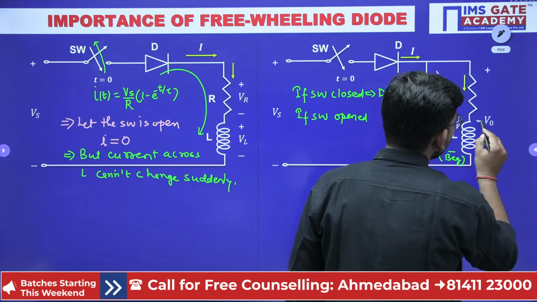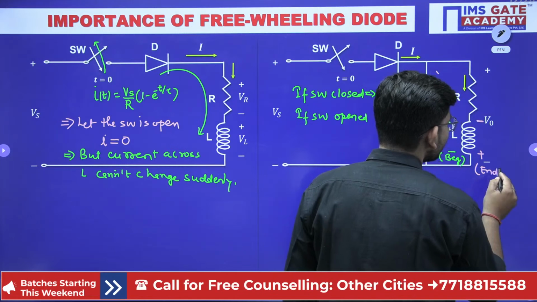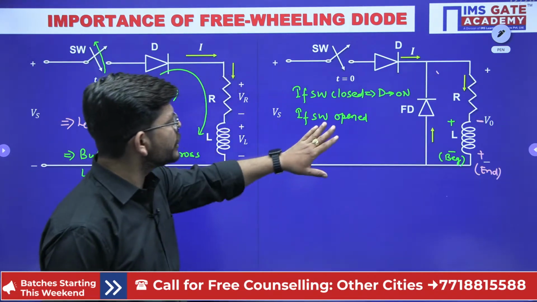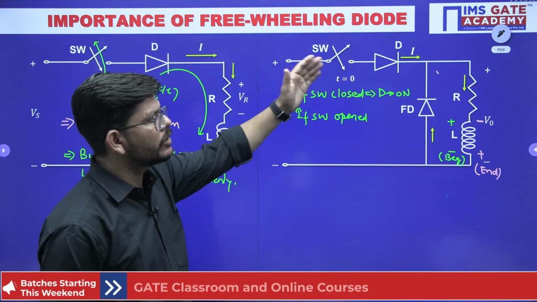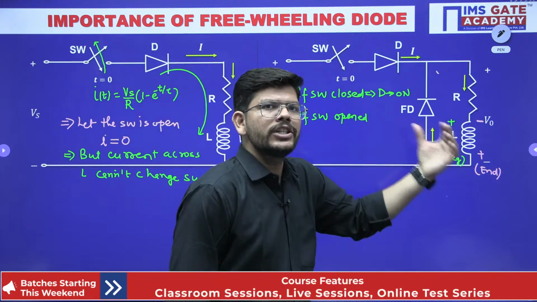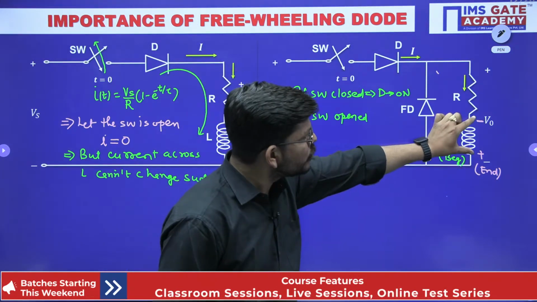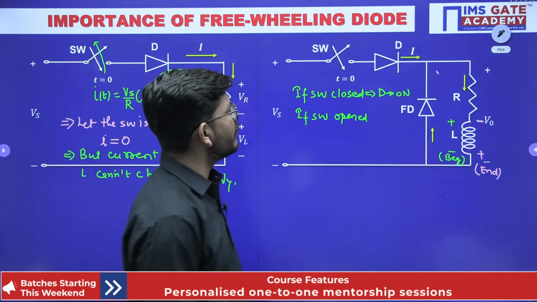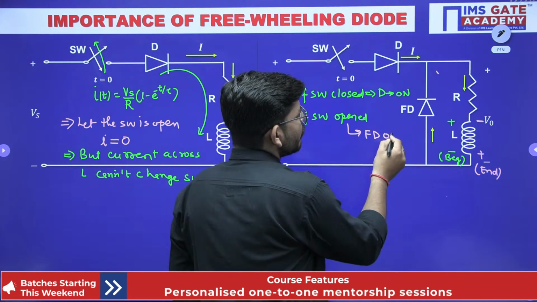There is no source available, so it is impossible to sustain the current by the inductor. So the inductor will oppose this and change its polarity, and due to this change of polarity, now the freewheeling diode will come into play. The freewheeling diode will get on.